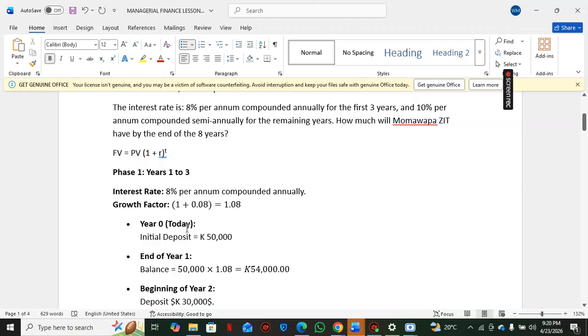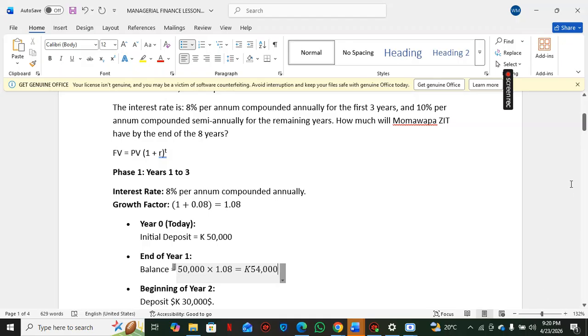Using the same formula, future value equals present value times 1 plus r to the power t, you just say 50,000 multiplied by 1.08. At the end of year one, we have 54,000 kwacha.